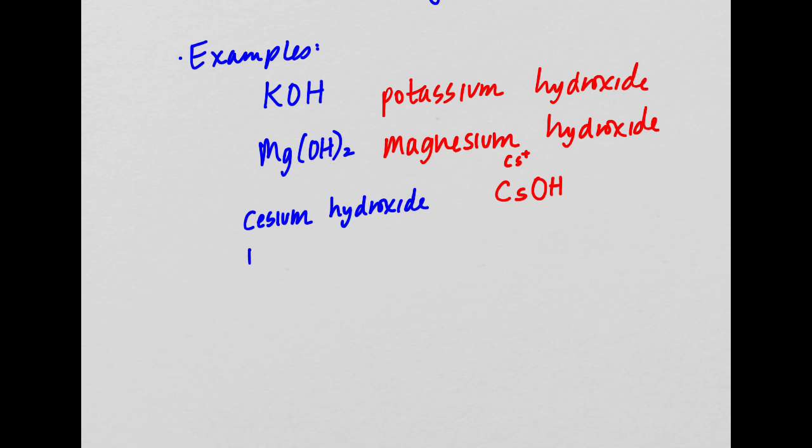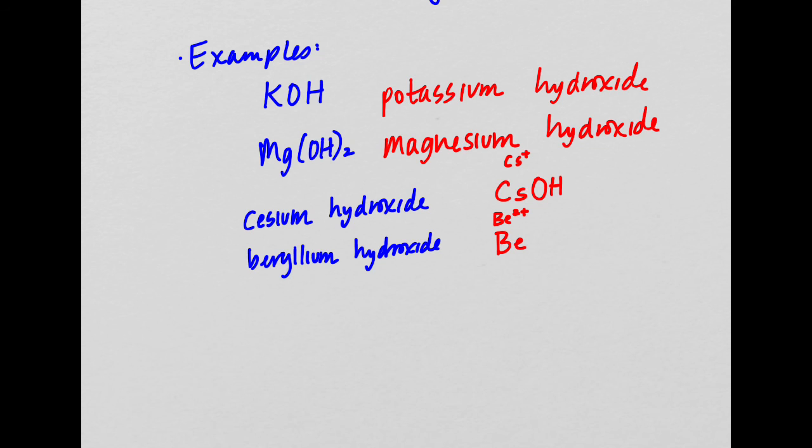What about beryllium hydroxide? Beryllium. I sound like Dory. Hydroxide. Well, beryllium is Be2+, right? So that's going to be Be, and now I have to fill in with my hydroxides.